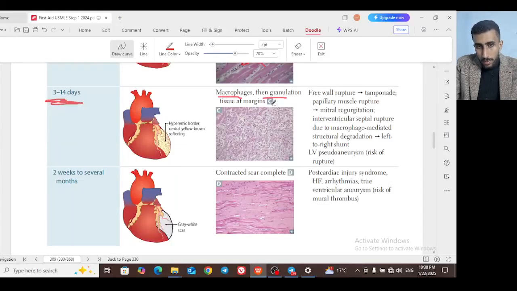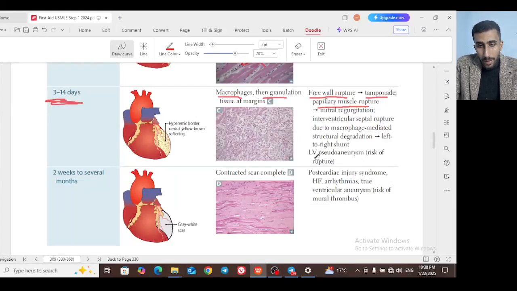The complication here, due to the macrophages and the weakening of the myocardium, is that you may have a free wall rupture. This is a dangerous complication that may lead to tamponade. The papillary muscle may also rupture, which may lead to mitral regurgitation. The interventricular septum may rupture due to macrophage-mediated structural degradation, causing a left to right shunt.